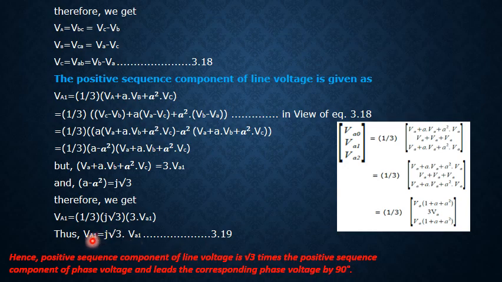So for the positive sequence, the line voltage is equal to root 3 times the phase voltage, leading by an angle of 90 degrees. Now similarly, let us find it for the negative sequence and zero sequence components.